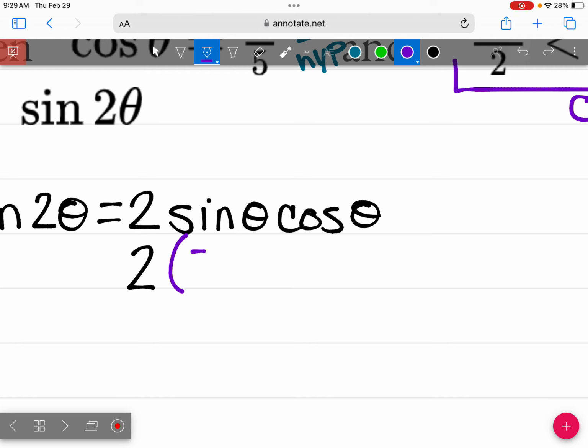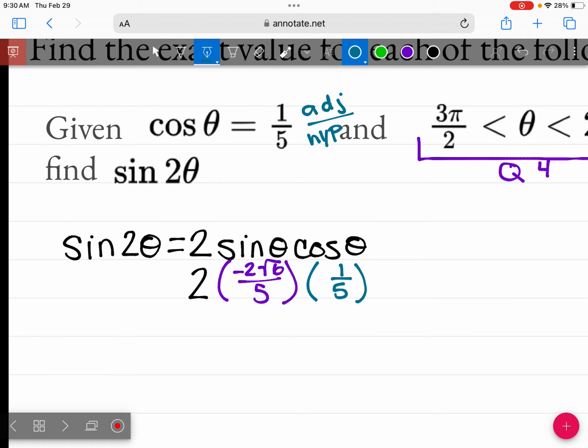Negative 2 square root of 6 over 5. What's the cosine of our angle? 1/5. Good way to double check because it's what was given to us right here too.